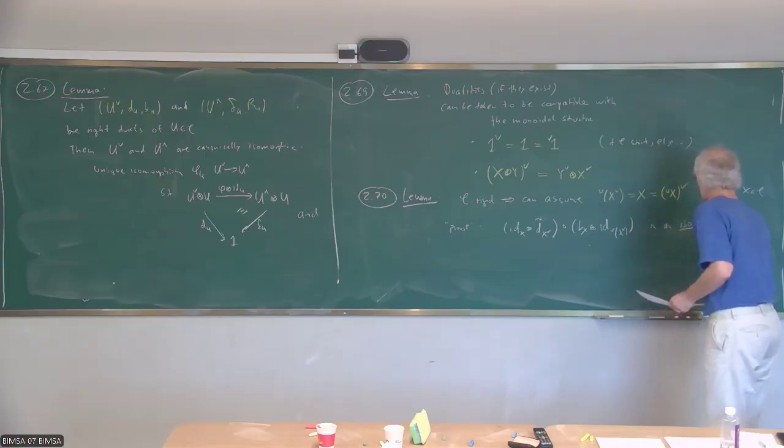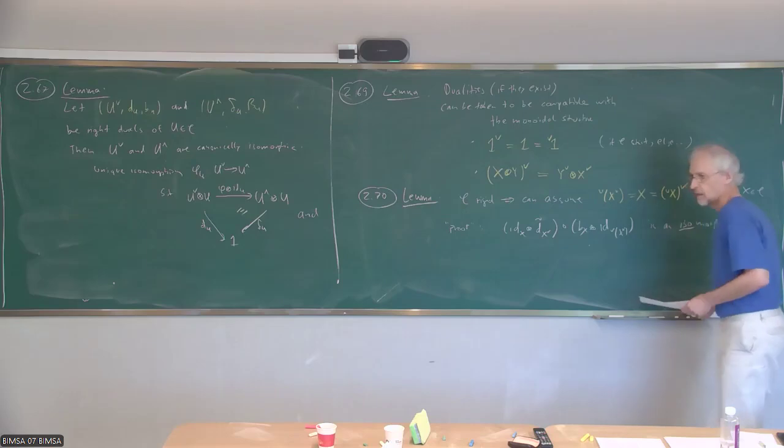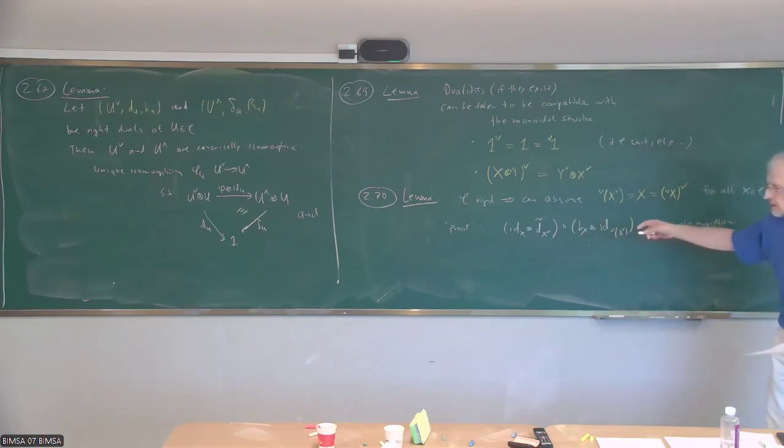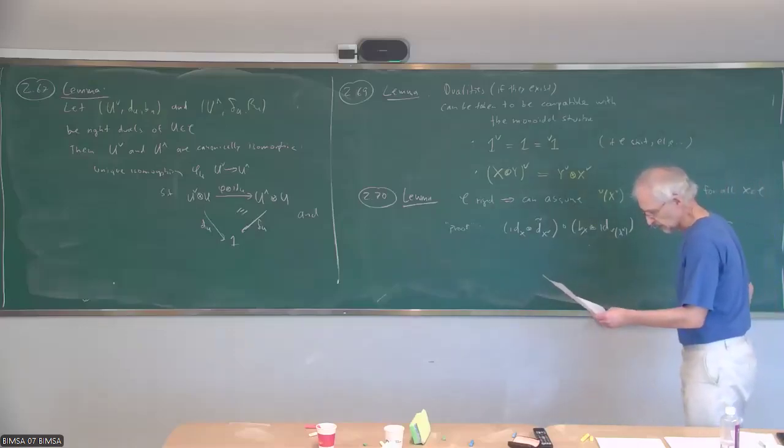This is an isomorphism by simply using the snake identities to give an explicit two-sided inverse.